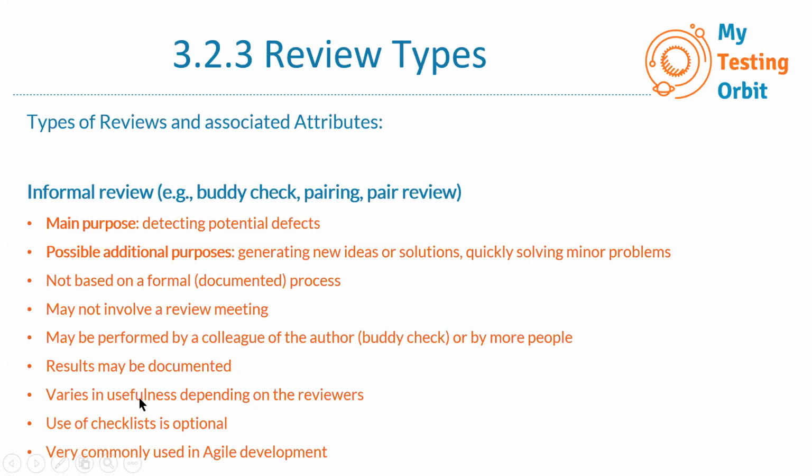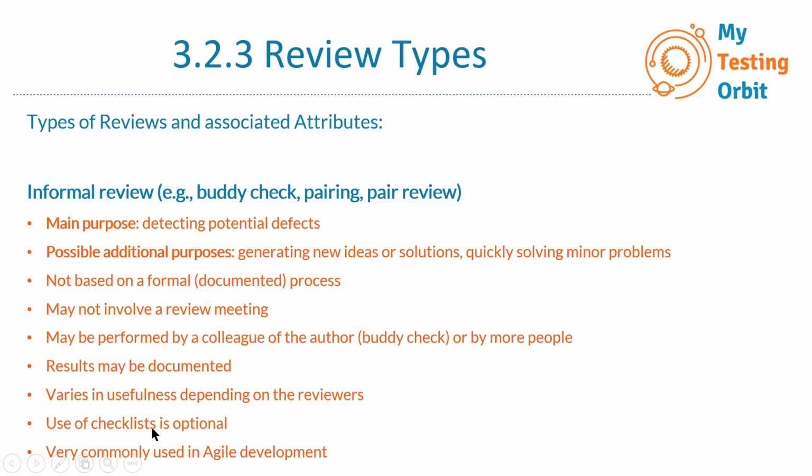Varies in usefulness depending on the reviewers. So it depends on who is doing that informal review, because different roles can do the informal review. Depending on the role of that reviewer, it varies whether that informal review is useful or not.